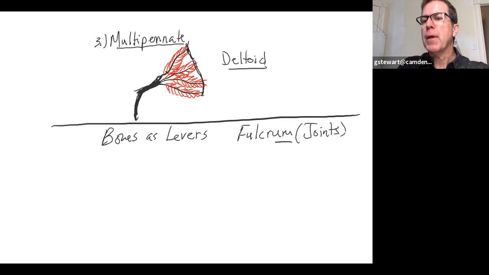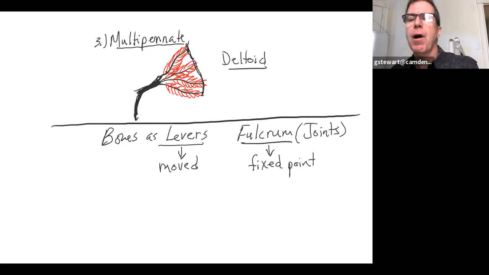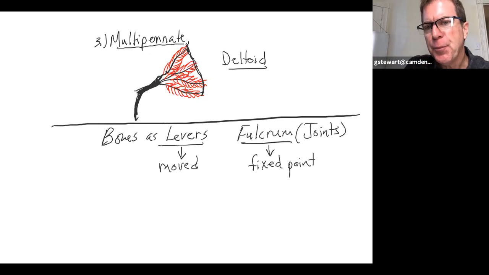And what a fulcrum is, it's a fixed point that something moves around. That's what the word means. And levers are just something that's moved. They're typically some sort of hard substance, aka bones in the human body, that are moved. And then this term, effort, is what does the moving.